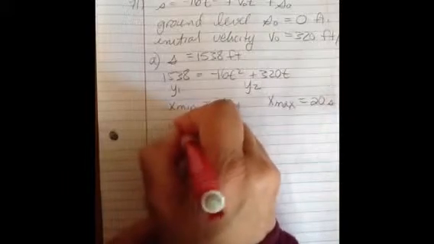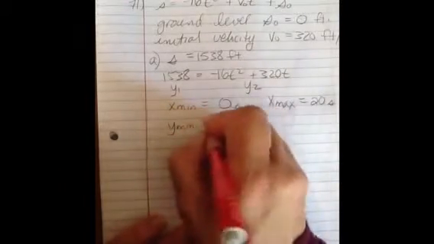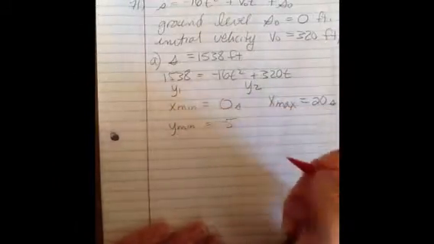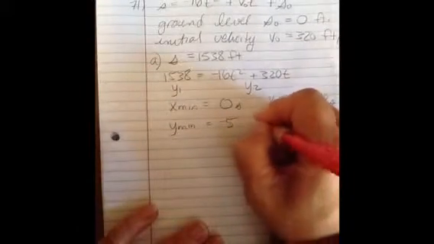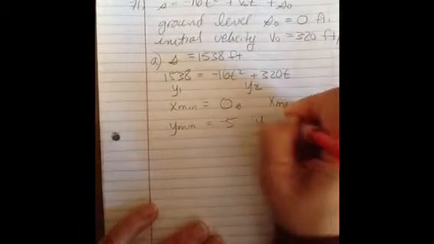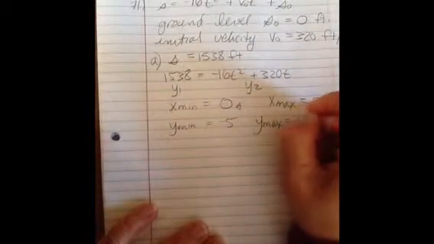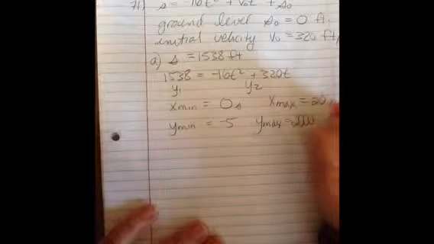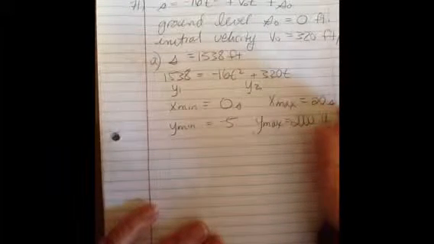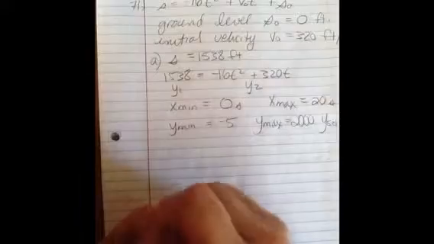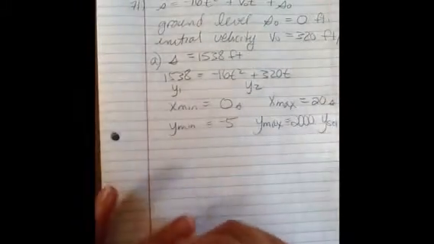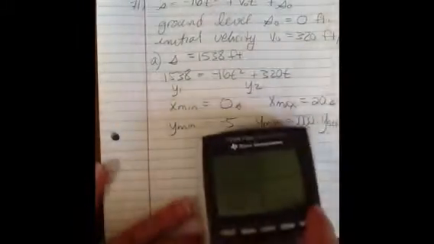Now my y-min, I'm going to put it at -5 in case I need to calculate zeros, but I don't have to. I could put it at 0. My y-max, well, I'm looking at 1538, so I'm going to say 2000. And then I'm going to put my y-scale at 100, at 100 feet increments. And let's see what this graph looks like.